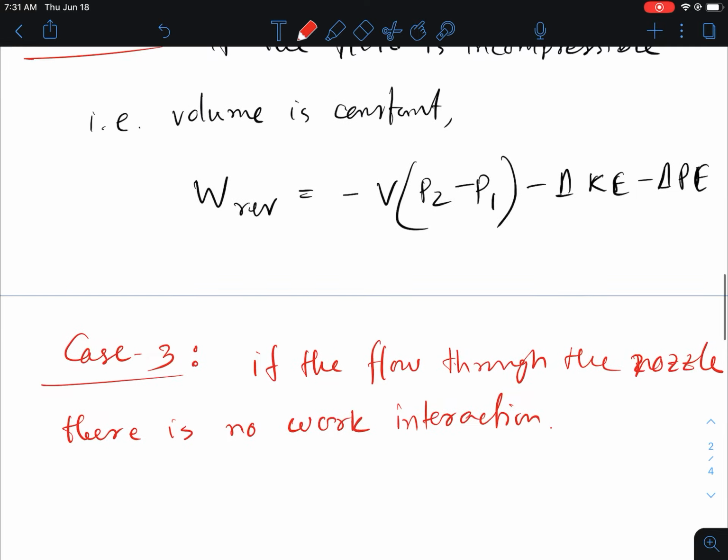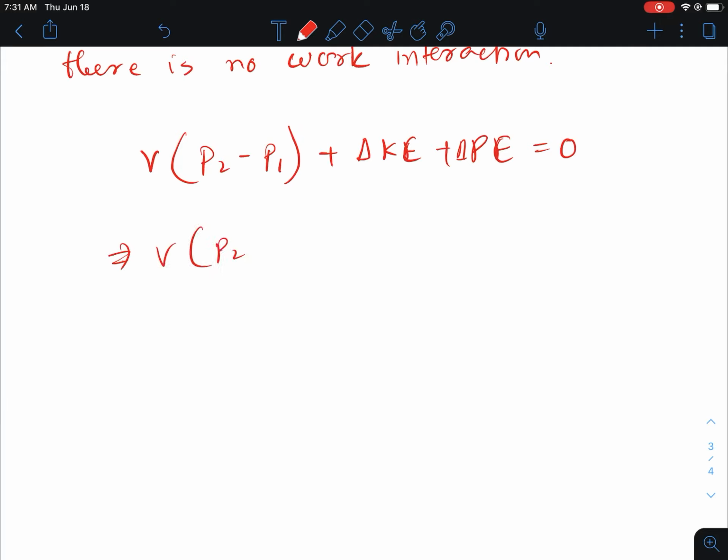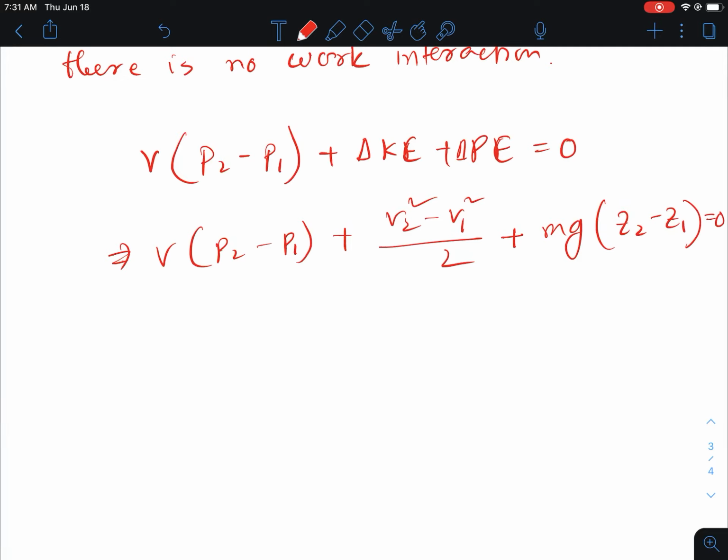If the right side of this equation is 0, then we get v(P2 minus P1), plus the kinetic energy change, plus the potential energy change, equals 0. Now if we rearrange this equation, it will be P2 minus P1 plus (V2 square minus V1 square) divided by 2 plus g(Z2 minus Z1).